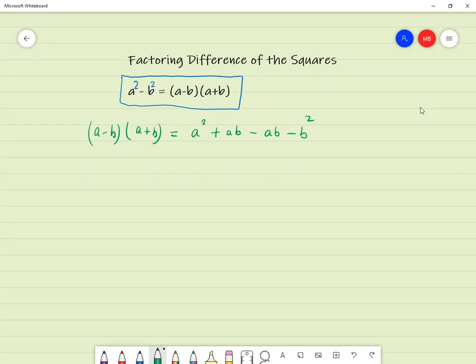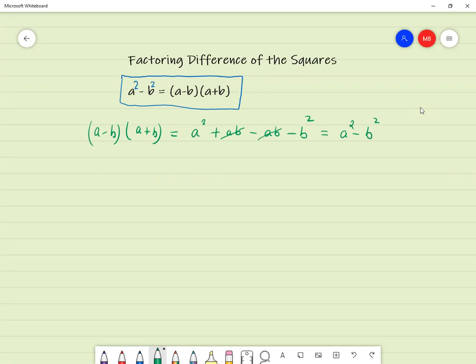What happens here is the middle two terms, plus ab and minus ab, cancel. And what is left is a squared minus b squared. So a squared minus b squared is equal to a minus b times a plus b.